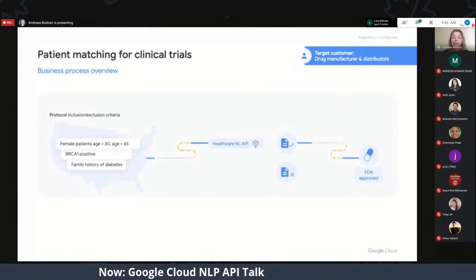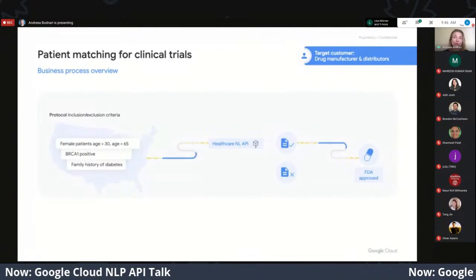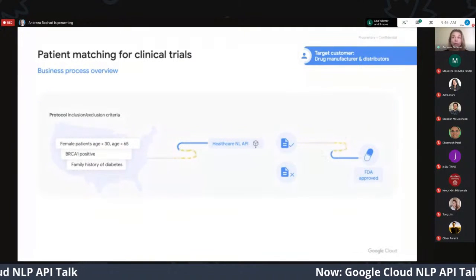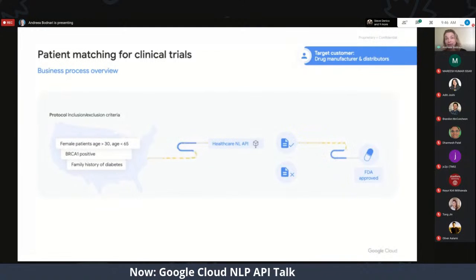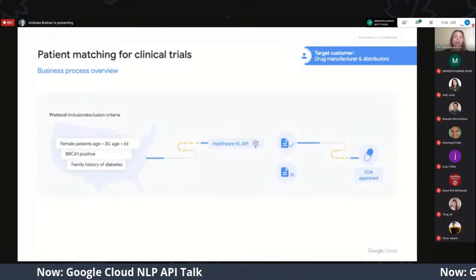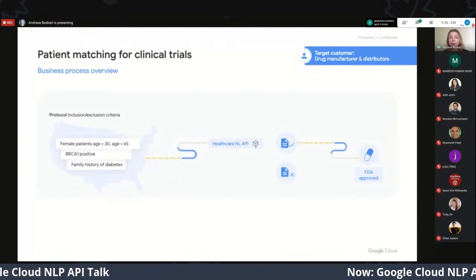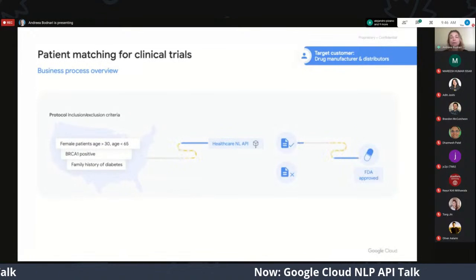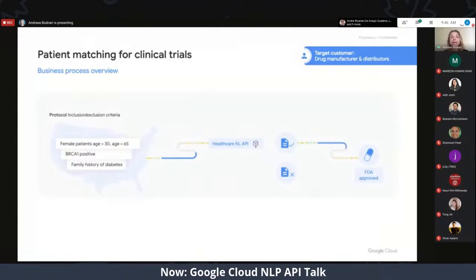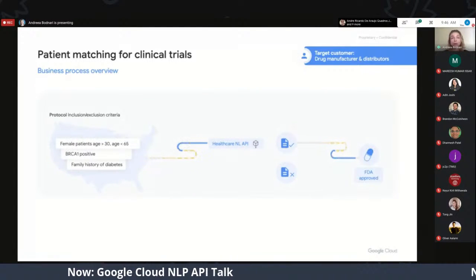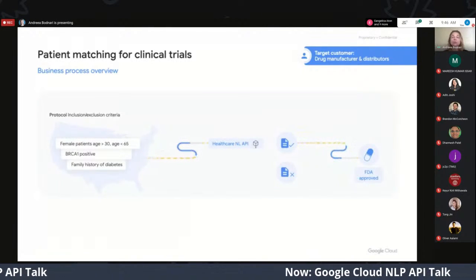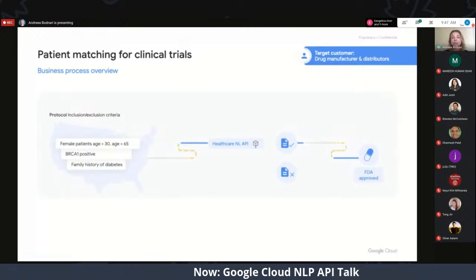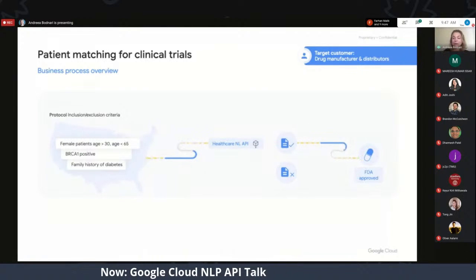So with an automatic approach, you can review the medical information more comprehensively and faster. So the Healthcare Natural Language API enables you to take the medical records, scan for the pieces of information that are important for the clinical trial, and then decide which patient, which cohort is a good candidate for that specific trial.